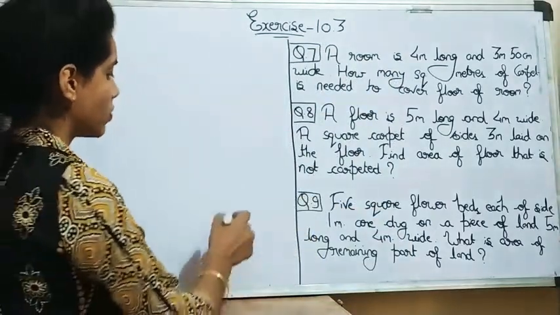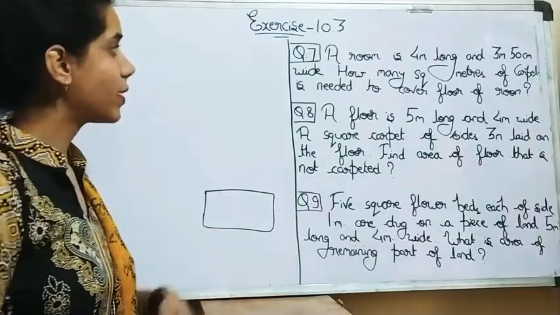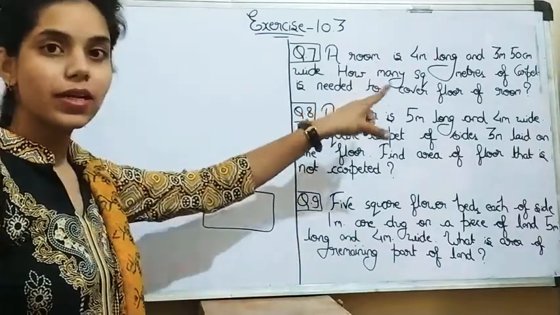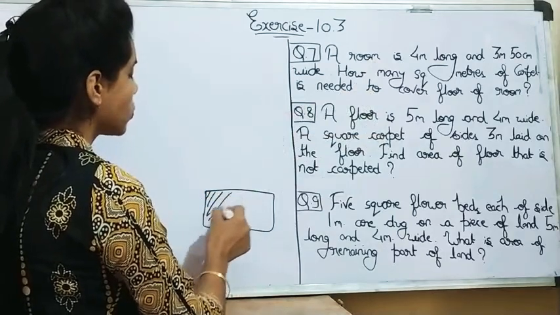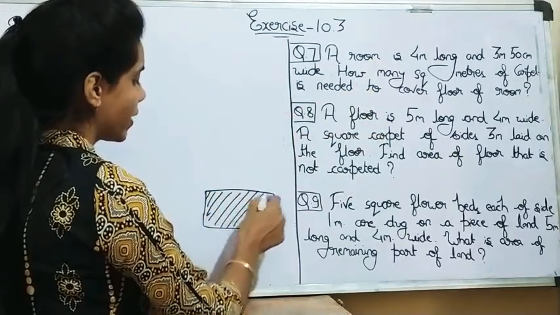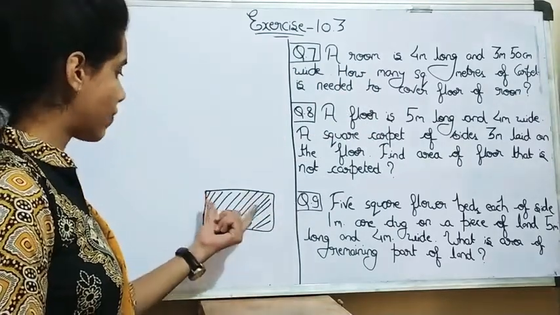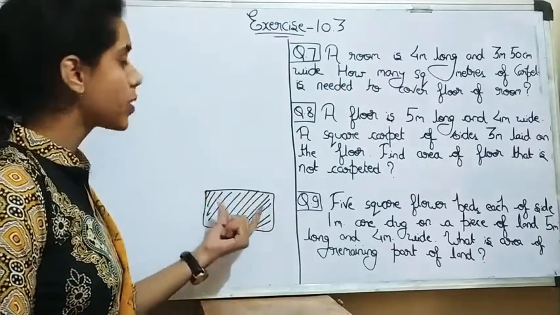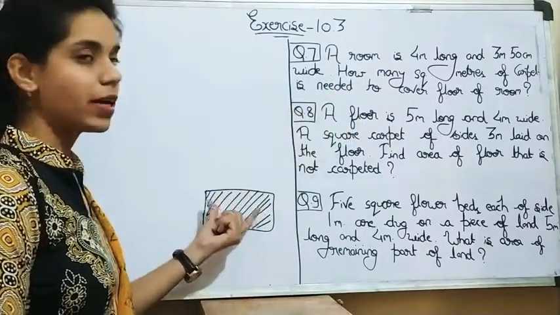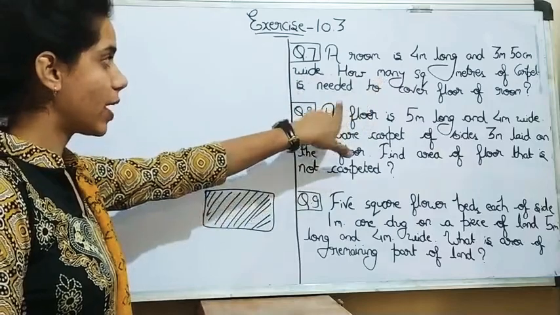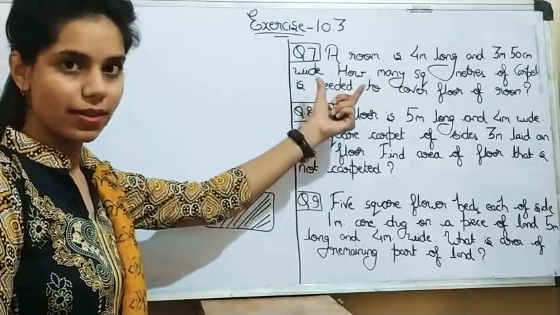So there is one room. Suppose this is a room, and we need to cover it by using carpet. If we cover it, we will cover the whole floor of the room. So if we find out the area of the room, we get the requirement of the carpet, meaning how many square meters of carpet is needed, they are asking.